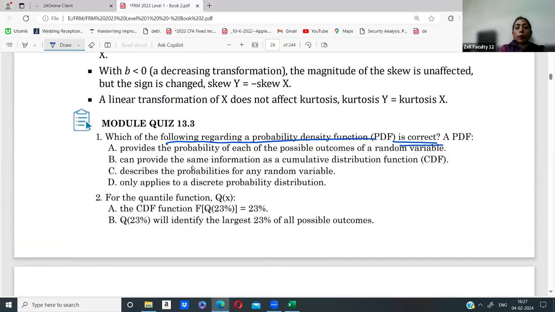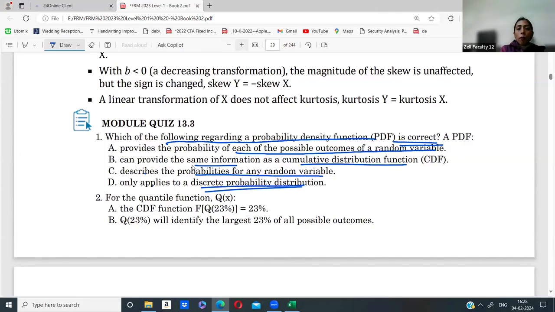A, a PDF provides the probability of each of the possible outcomes of a random variable; B, can provide the same information as a CDF; C, describes the probabilities for any random variable; D, only applies to discrete probability distribution.